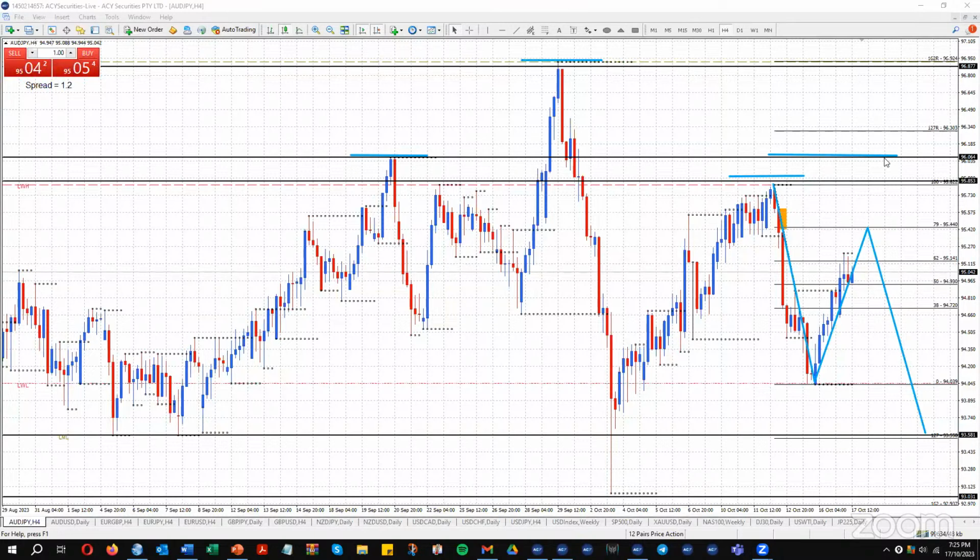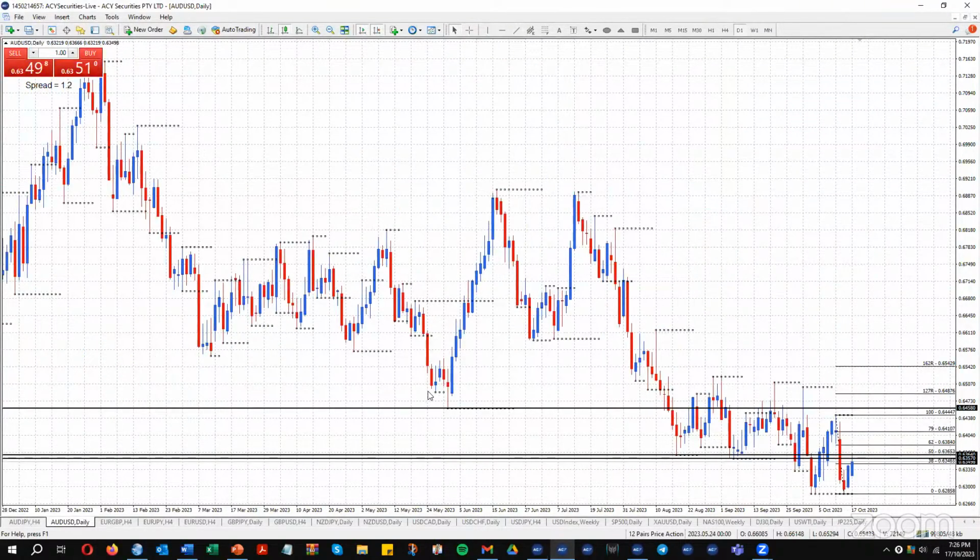So that's another level to watch at 96.06. All right, if we get very volatile and we take out this high here. All right, so I'm just going to put my other line in. At the moment, I'm just watching, do we come up to there and fail?